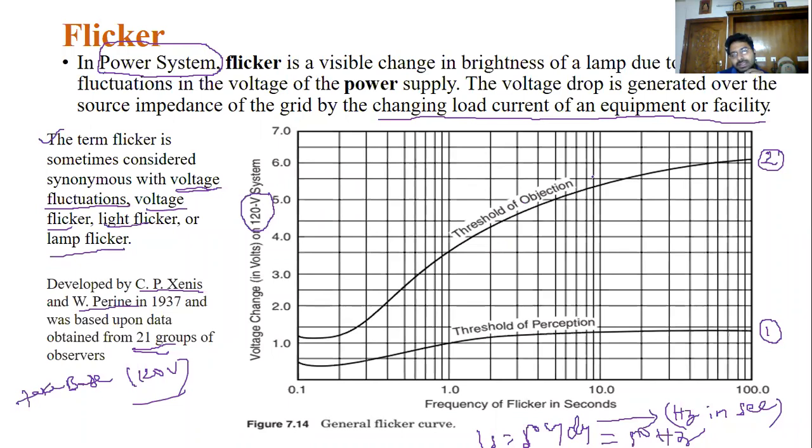If the brightness of the light reduces for 2 or 3 seconds, we treat it as a problem. If it is less than 1 second, in the range of milliseconds, it is a bigger problem that affects the lights.